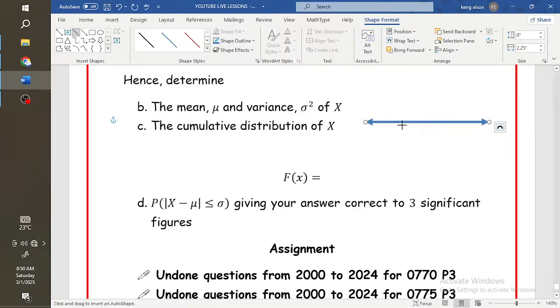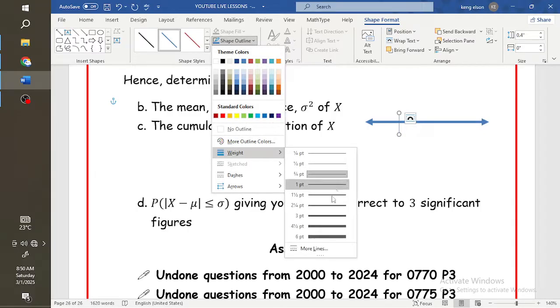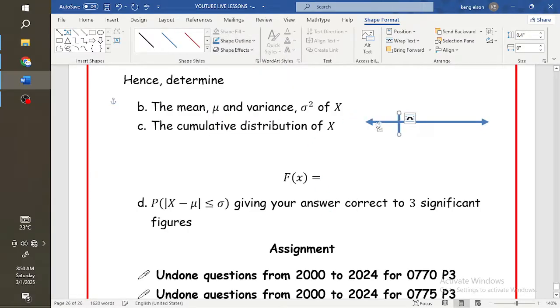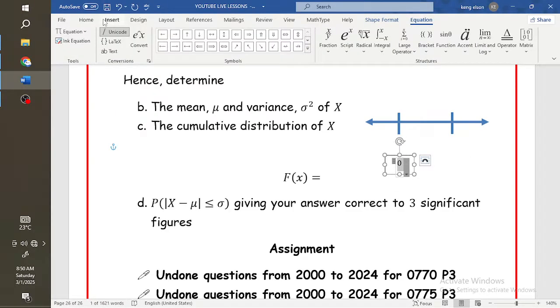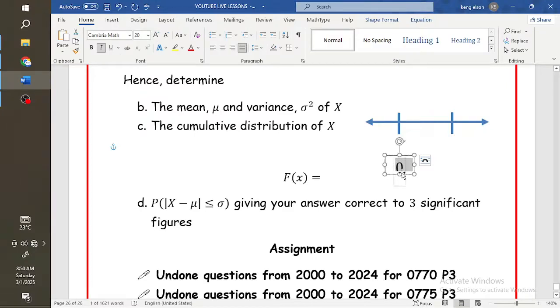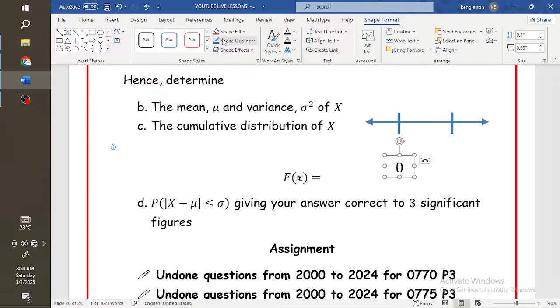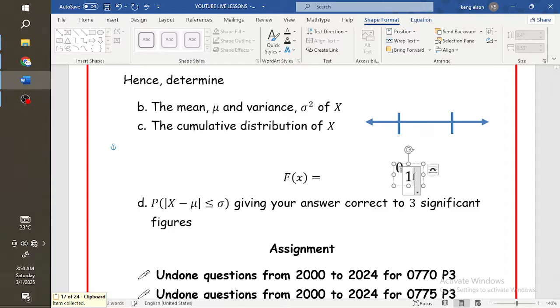The first one is 0, and the second one is 1. Okay, good. So I have 0 to 1.